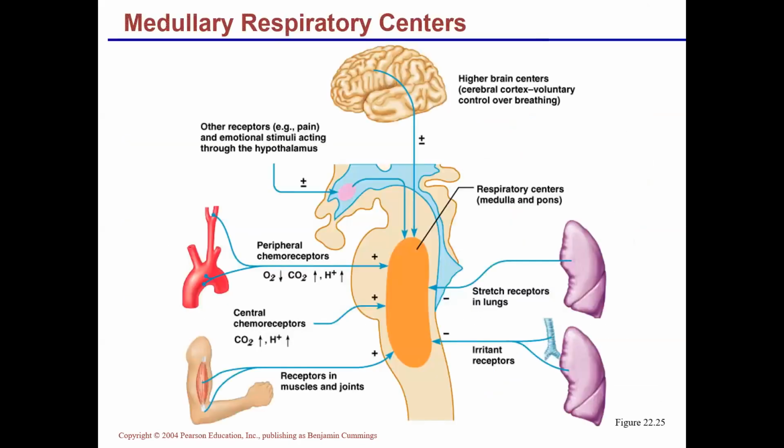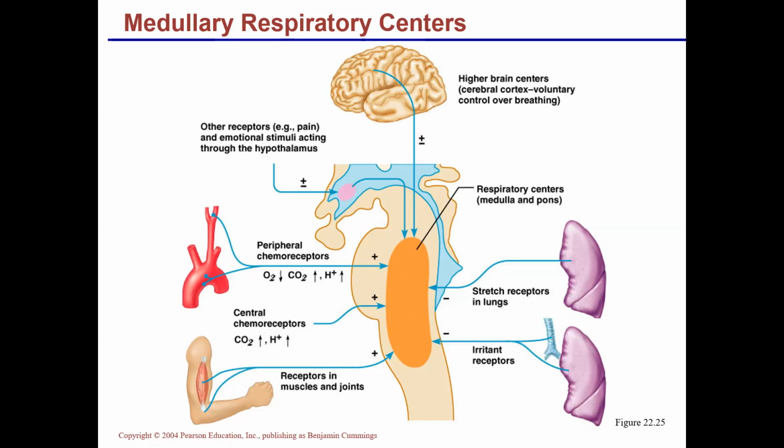Okay, and then this slide, I want you to know that normally we have chemoreceptors which can sense the changes in oxygen and CO2 concentrations. We have peripheral chemoreceptors in the big arteries, and also central chemoreceptors inside the cerebrospinal fluid, if you remember that.